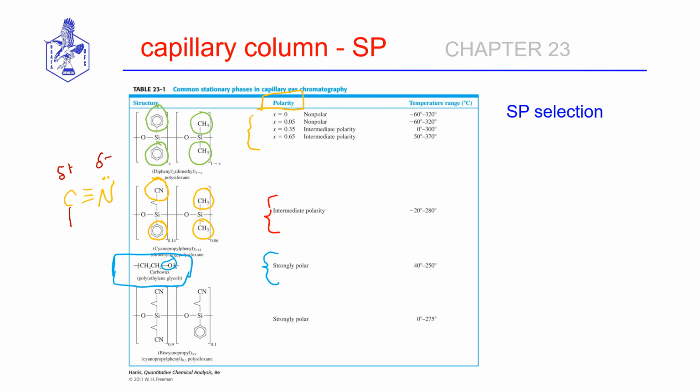Or we could also choose for strongly polar analyte species the bis-cyanopropyl phenyl cyanopropyl groups. So in this structure we've got two cyano groups on this silica, one on this one, and just one of our benzene rings that has the less polar character.